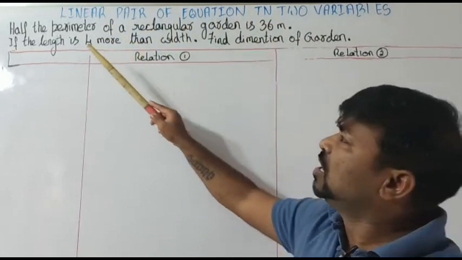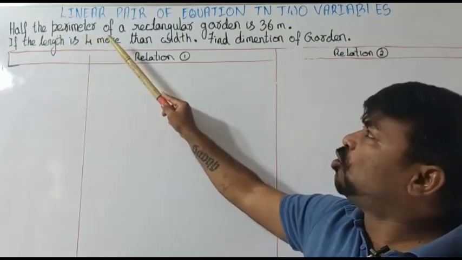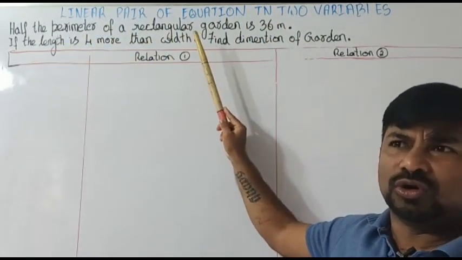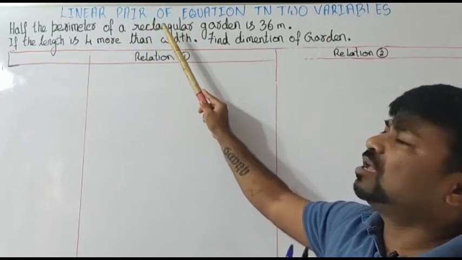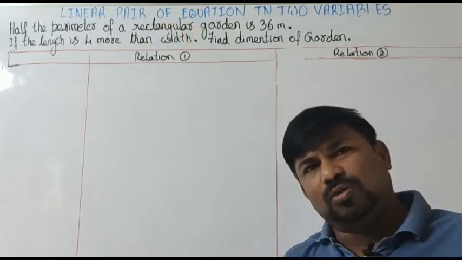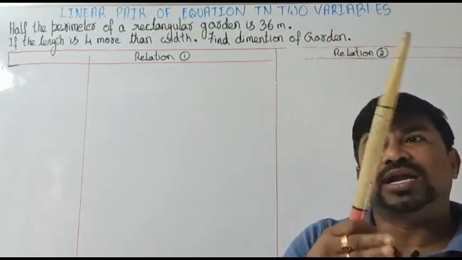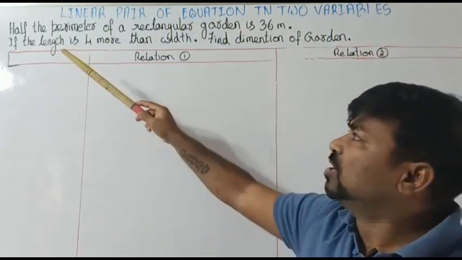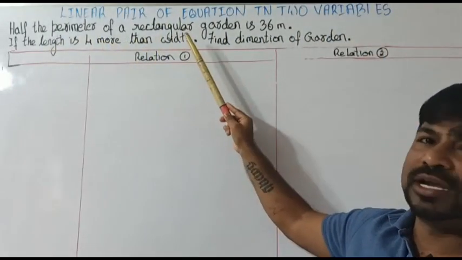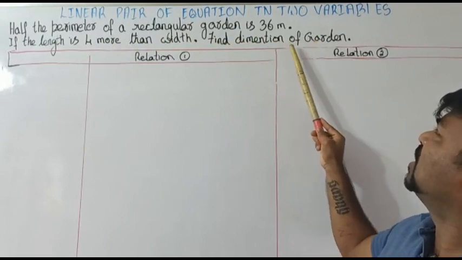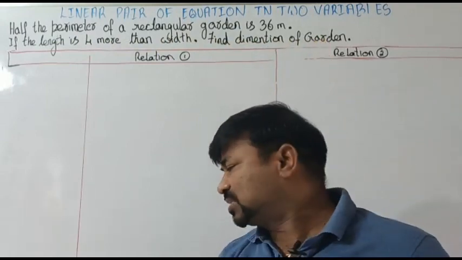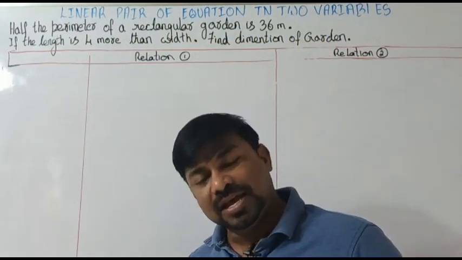That is point 1. Now, if the length is 4 more than the width, the dimensions of the rectangle, length and width, are both related. One is dependent on the other. So if the length is 4 more than its width, find the dimensions of the garden. He is asking us to find the dimensions of the garden.